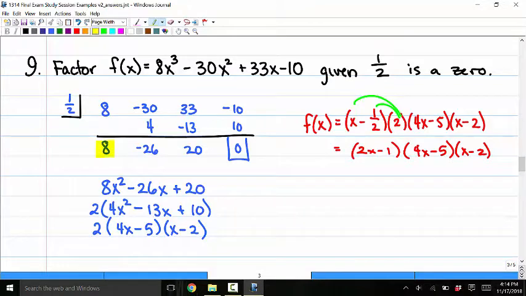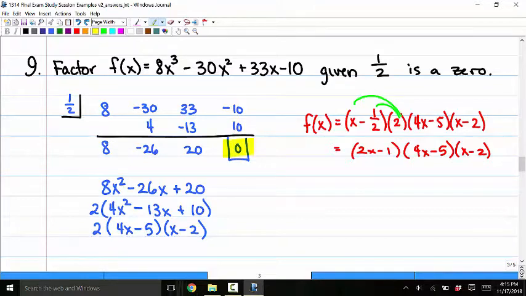Multiply 8 by 1/2 and you get 4. Negative 30 plus 4 is negative 26. Multiply negative 26 times 1/2 to get negative 13. 33 plus negative 13 is 20. Multiply 20 times 1/2 to get 10. Negative 10 plus 10 is 0.